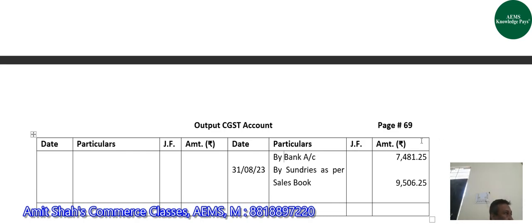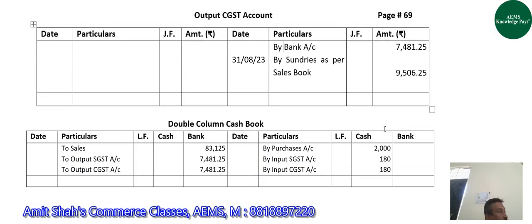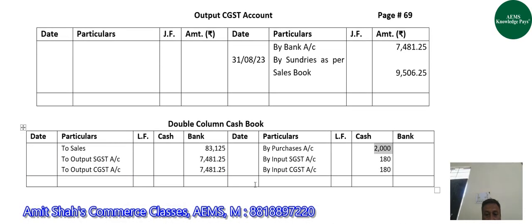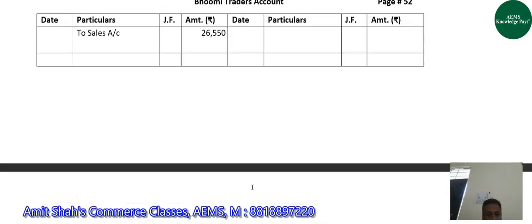I hope guys you're understanding this fully. Yes or no? From double column cash book, these transactions have been posted in their respective accounts in ledger. The same thing we will do for these three accounts. So 2000 will go on the debit side of purchase account. There we will write to cash account.